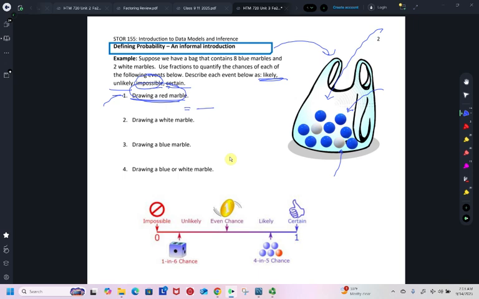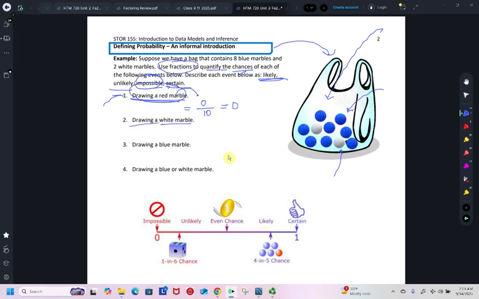So out of 10 chances of drawing any marble, I stand a 0 chance that the marble I will eventually pick is a red marble. So I'll call that what? 0. In other words, I've used fractions to quantify numerically the likelihood that I'll pick a red marble.